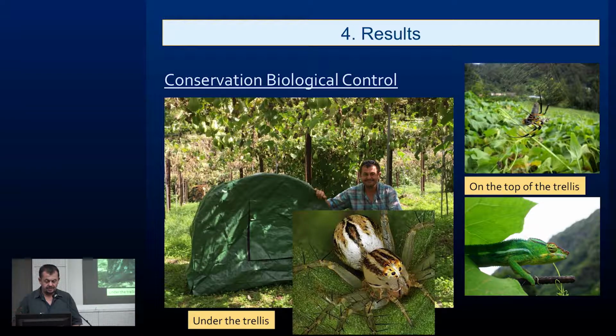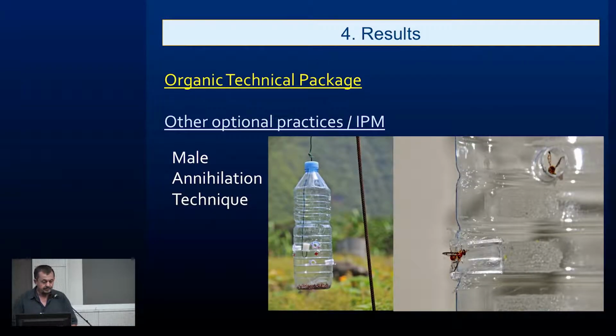On the trellis, you have also other species of spiders, and you have a lot of chameleons. I think it's a very good indicator to know if the crop is sprayed or not. As soon as you stop spraying insecticide, you will see the comeback of chameleons.